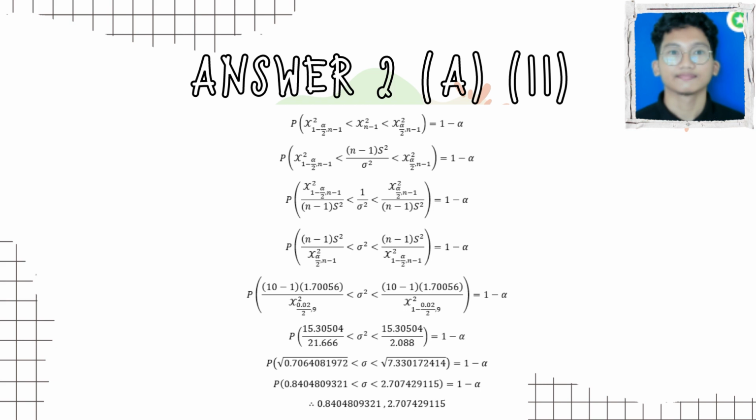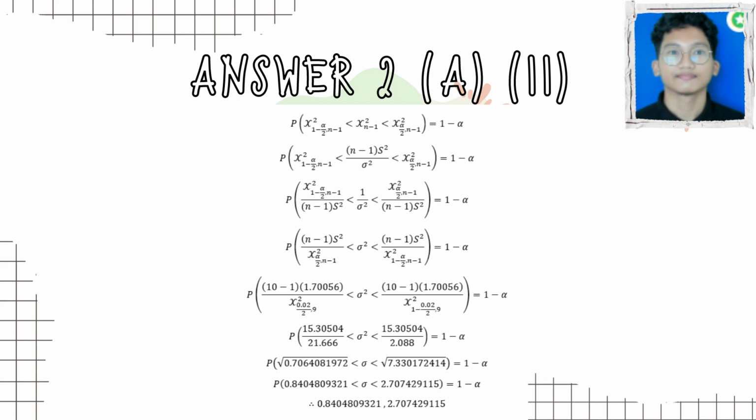This is the answer for question 2A2. The question asks to construct a 98% confidence interval on the population standard deviation. Since the mean for this question is unknown, we will use the formula P(chi-square 1 minus alpha over 2, n minus 1 < chi-square < chi-square alpha over 2, n minus 1) equal to 1 minus alpha.